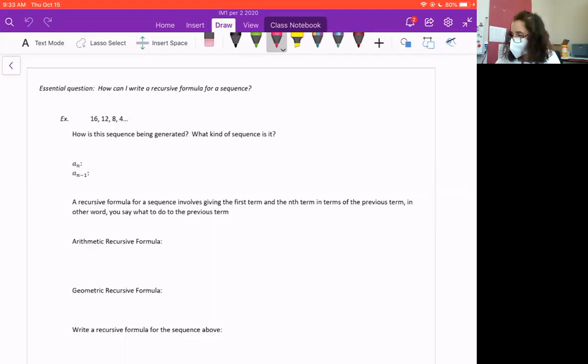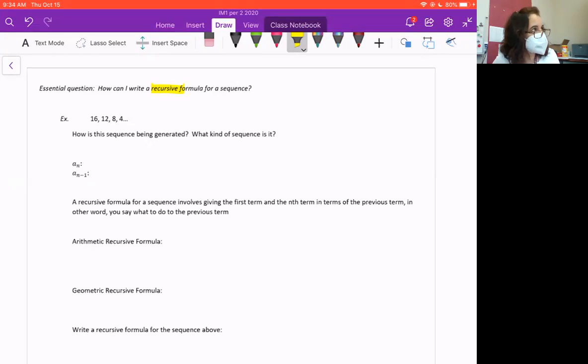Okay. So what we are looking at today, if you look at the agenda, is notes on what a recursive formula is. The word recursive means going backwards. A recursive formula for a sequence is a formula that is based on going back to the previous term. When you do something recursively, you're going back into the past.